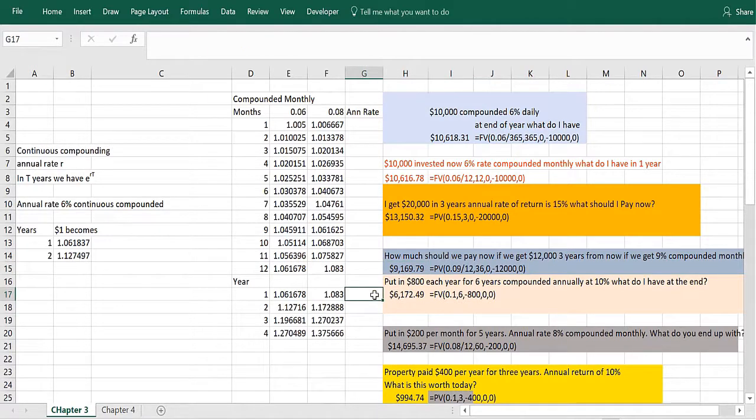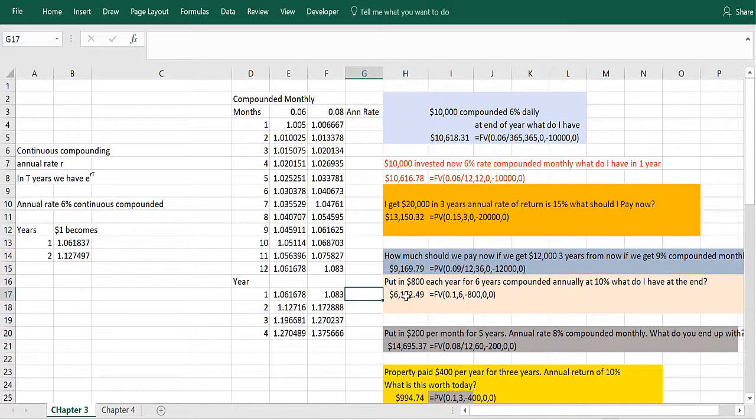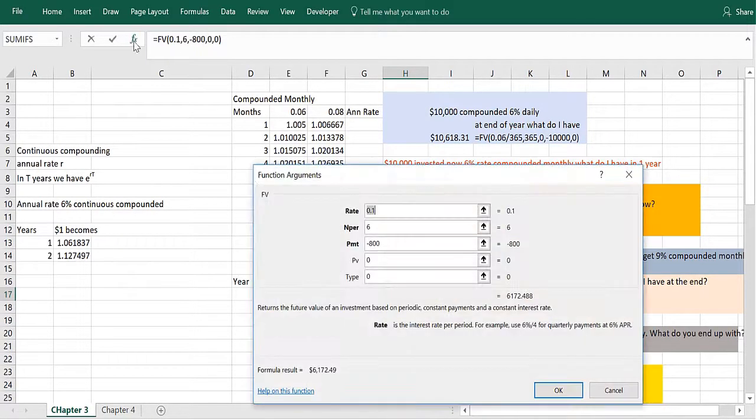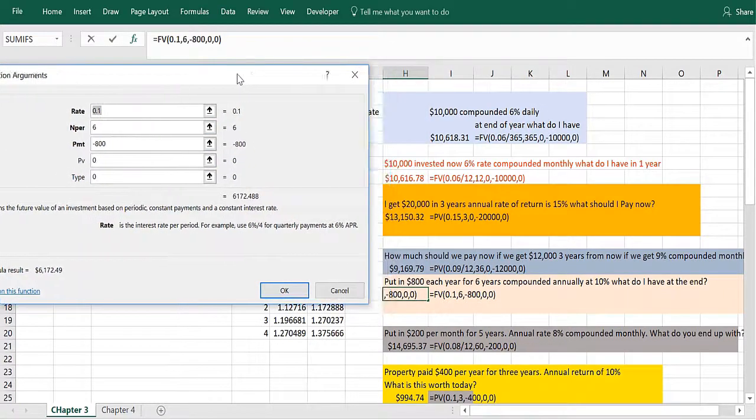Suppose you put in $800 each year for 6 years compounded annually at 10%. What will you have at the end? Well, again, that'll be an FV function, but here you're putting in a payment each period. So this function is going to look like this. So it's 10%, 6 years, putting in $800 each year at the end of each year, we're assuming.